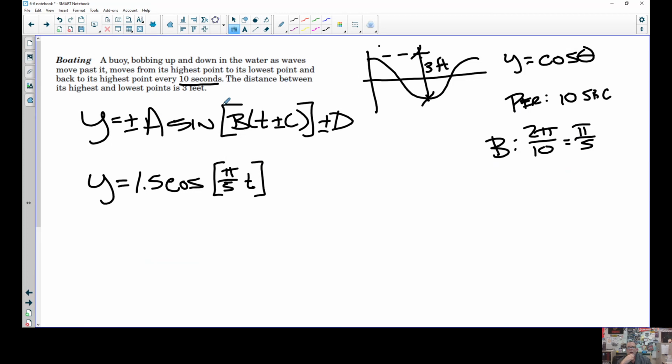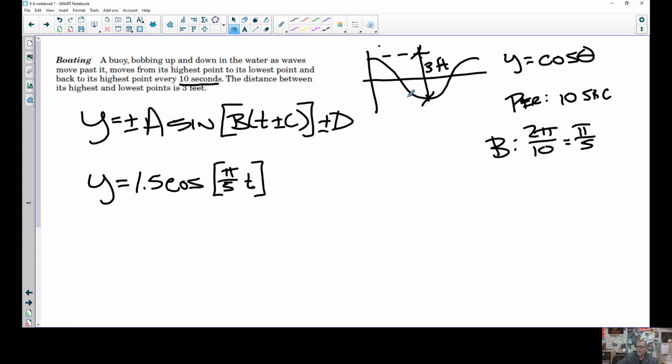Now, the last thing is, where is our middle? Well, if we say that the high point is 3 feet, then we would have to say plus 1.5. But if we just say this is a wave that from its equilibrium point, its middle point, is at 0 height, and then the wave goes up above what's normal height, then drops down below, which is really how waves work, right?